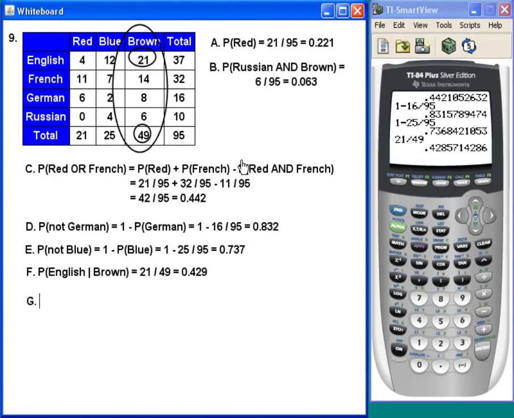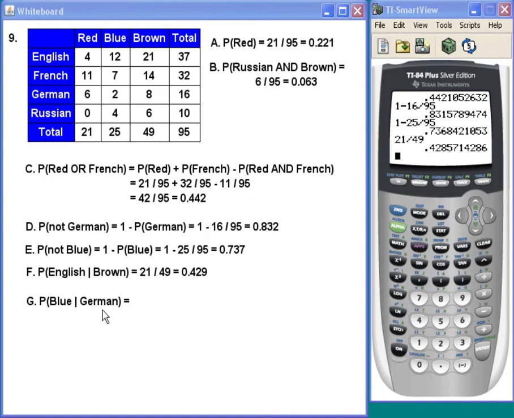Then part G, assuming the book is by a German author, the probability it has a blue binding. So the probability of a blue binding given that it's by a German author. Okay, so we know that the book is by a German author, so we're going to restrict ourselves to books just by German authors here.